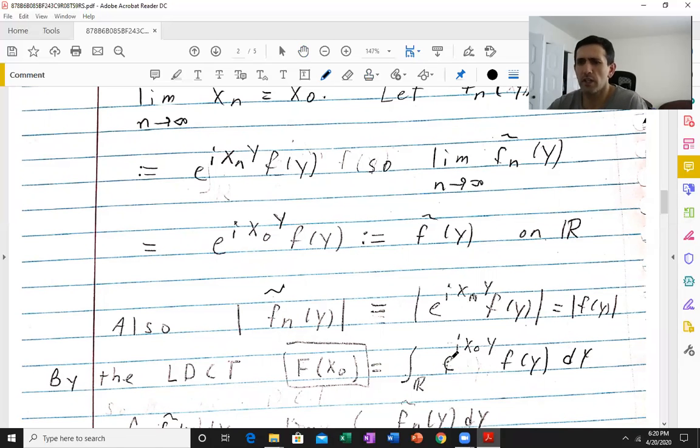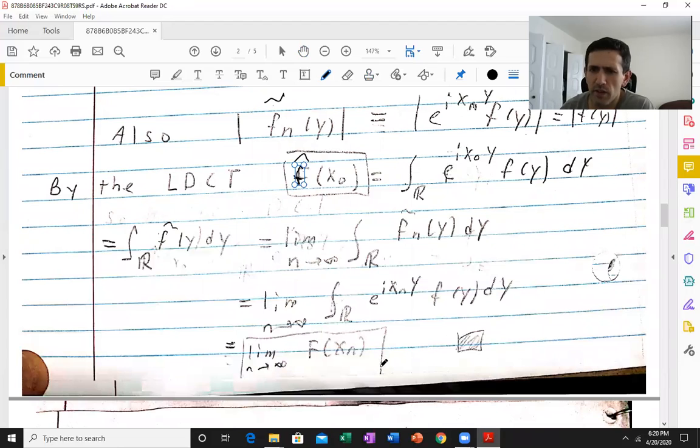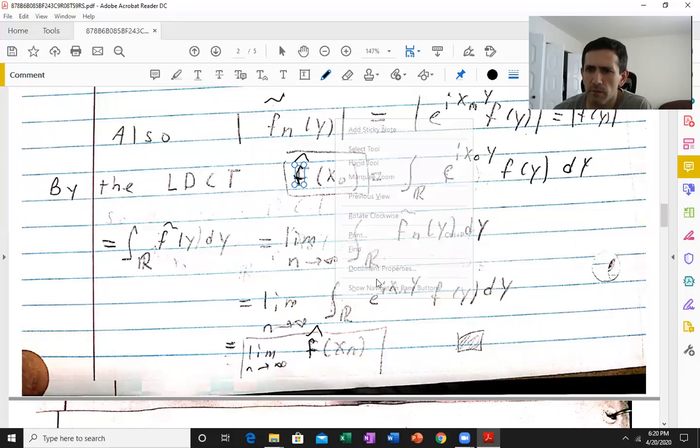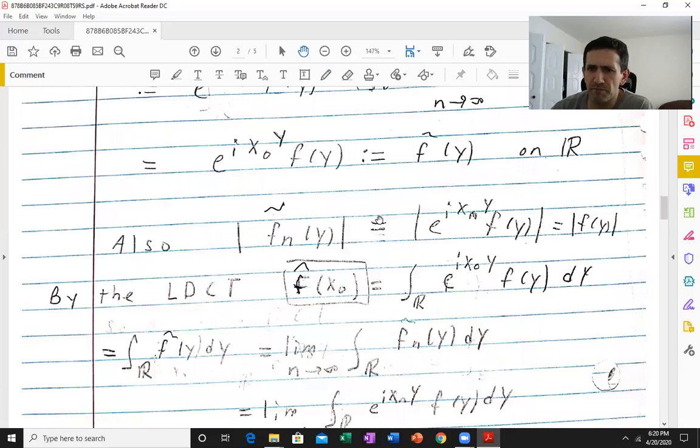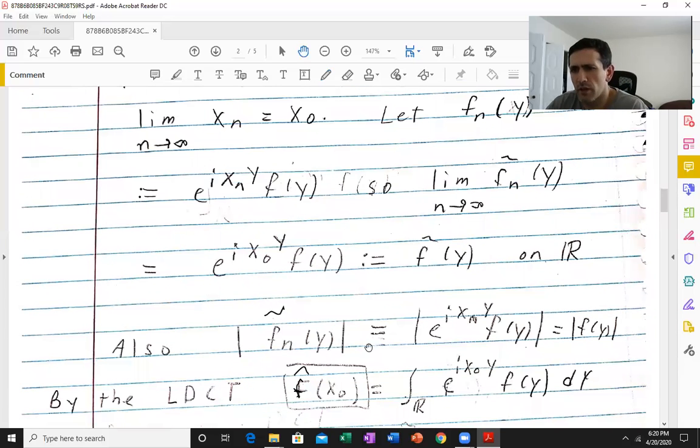So actually, yeah, we can make this f hat instead. So this is f hat, and make this f hat. Okay, so yeah, f hat of x_0 is exactly this integral. That's how we define the Fourier transform f hat.